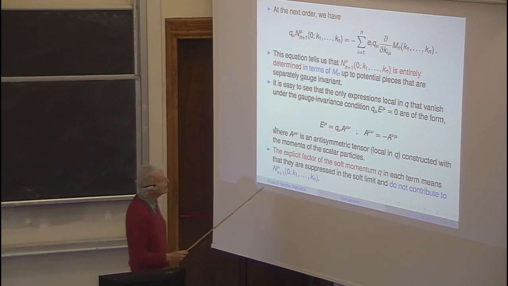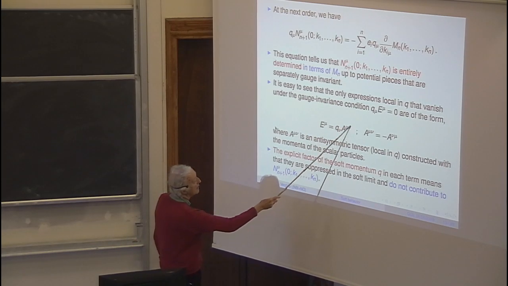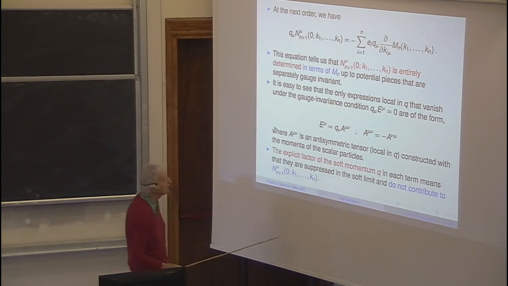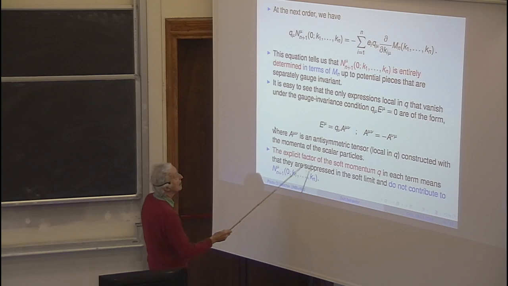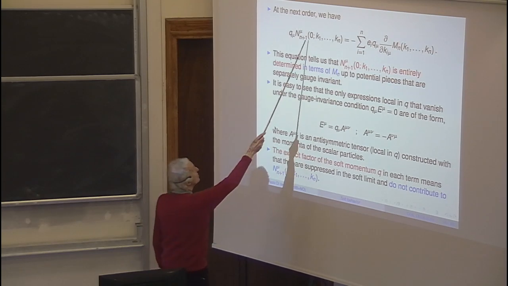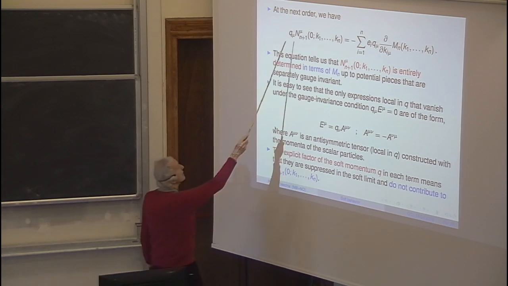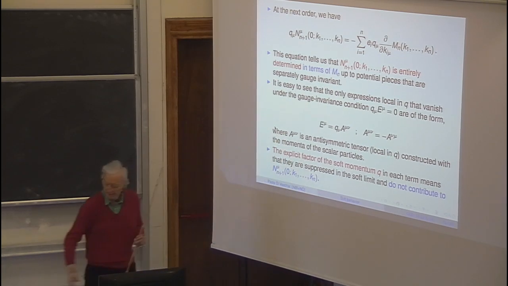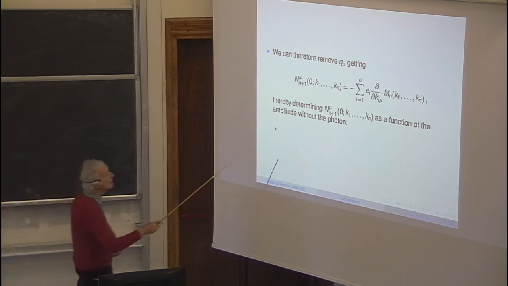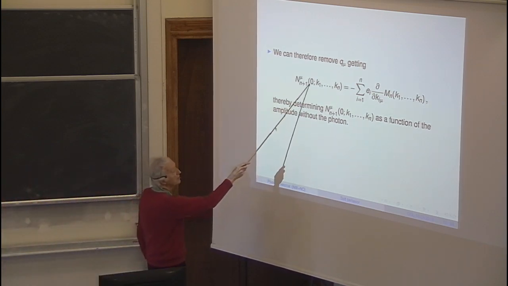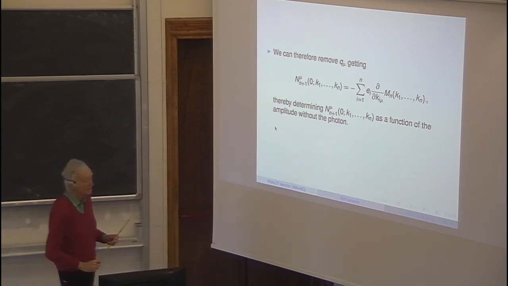But you can see that the only potential terms are of this kind, where A mu nu is an antisymmetric matrix. So this is order Q, and so will not contribute when I take Q equals 0 here. And then you can take away the Q mu, and you get a relation between this term at 0 momentum and the derivative of the amplitude without the soft particle.